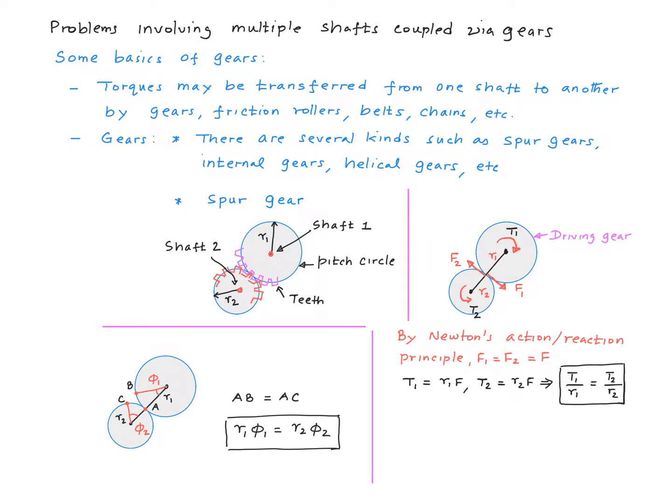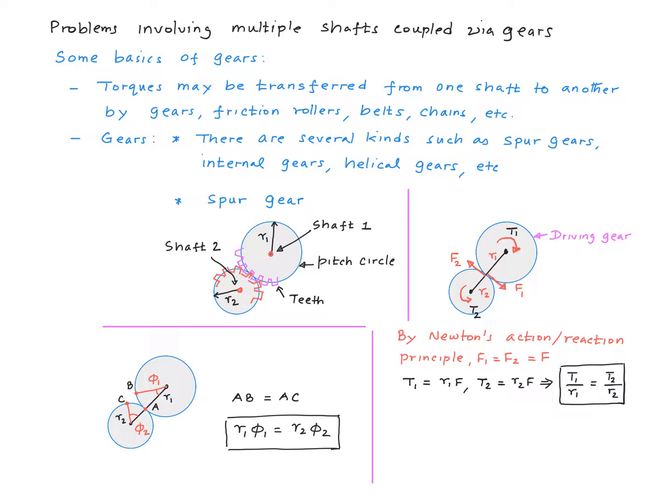So this allows us to calculate the torque T2 that is going to be felt by the shaft attached to the driven gear. Remember, torques are moments, right? A torque equals the force multiplied by the distance perpendicular to the line of action of the force, right?